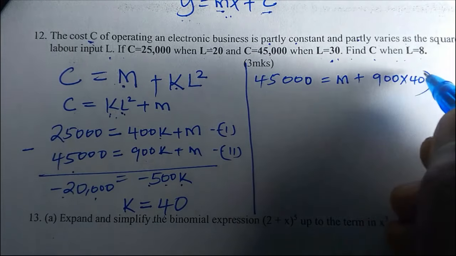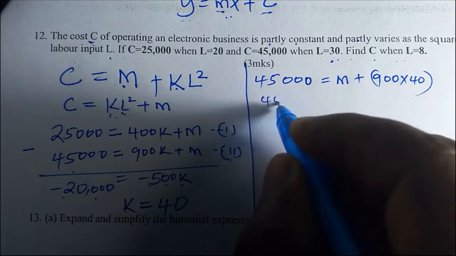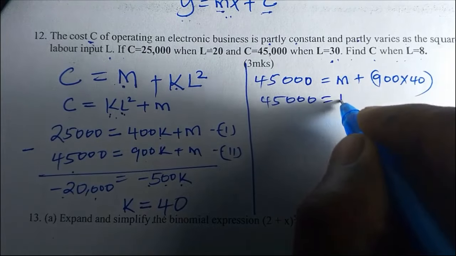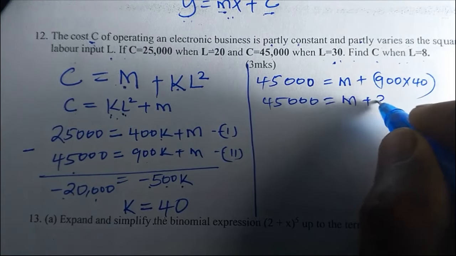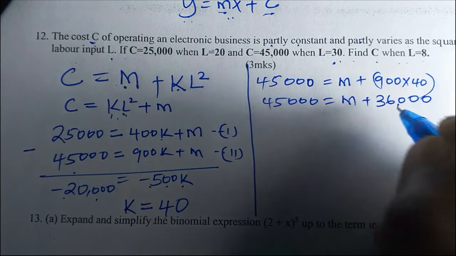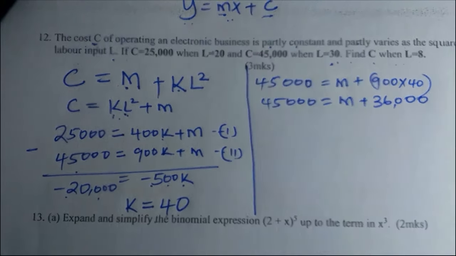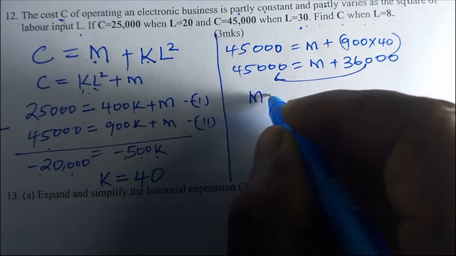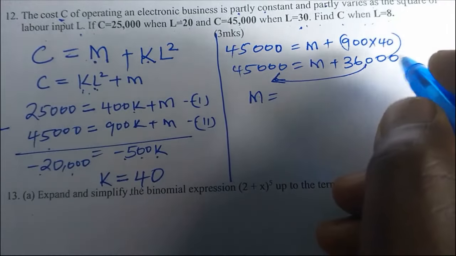So 45,000 equal to M plus, what is this? 36,000. So you bring this here. So M, you subtract 45 minus 36, you get M is 9,000.